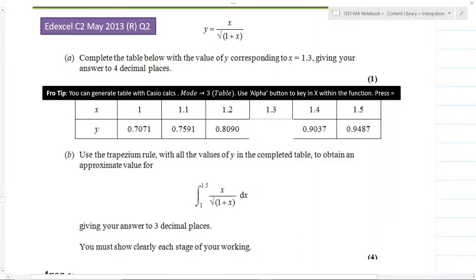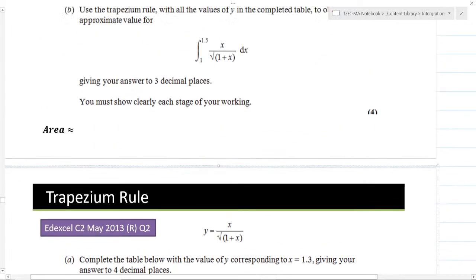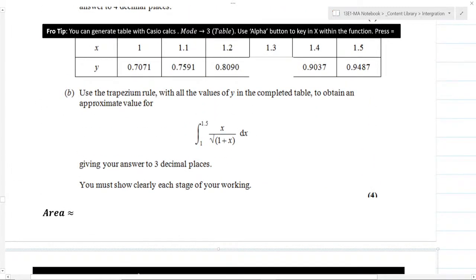All right, finish that question off then for me.